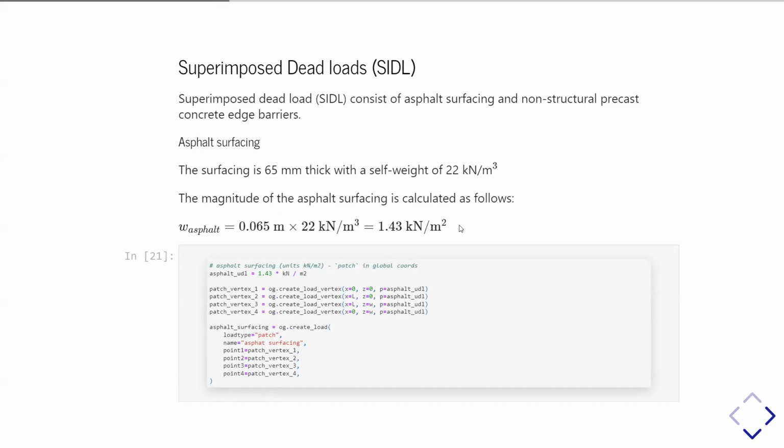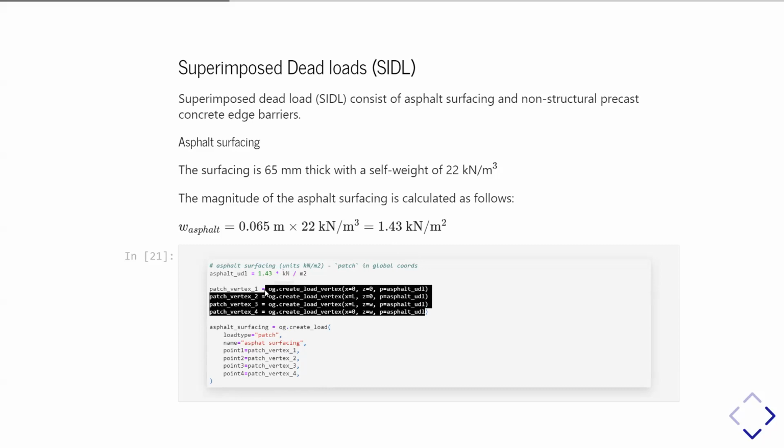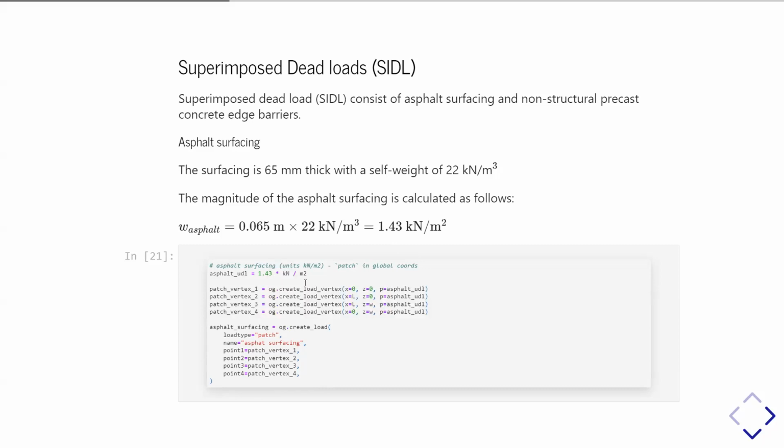Similar to the overlay slab, we use somewhat the same vertices, and we can really use the same vertices as defined earlier. So you don't have to really define them like this, but we're redefining it because the magnitude of the vertices is changed. It's no longer the magnitude of the overlay, but right now it's for UDL.